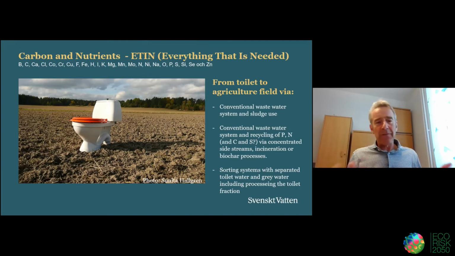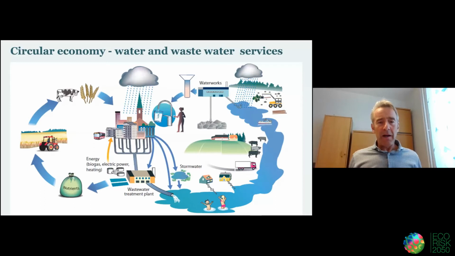And also using these different kinds of systems, you also come into different challenges with the pollutants of non-wanted substances. So with this slide, I just would like to show you the resources of wastewater.